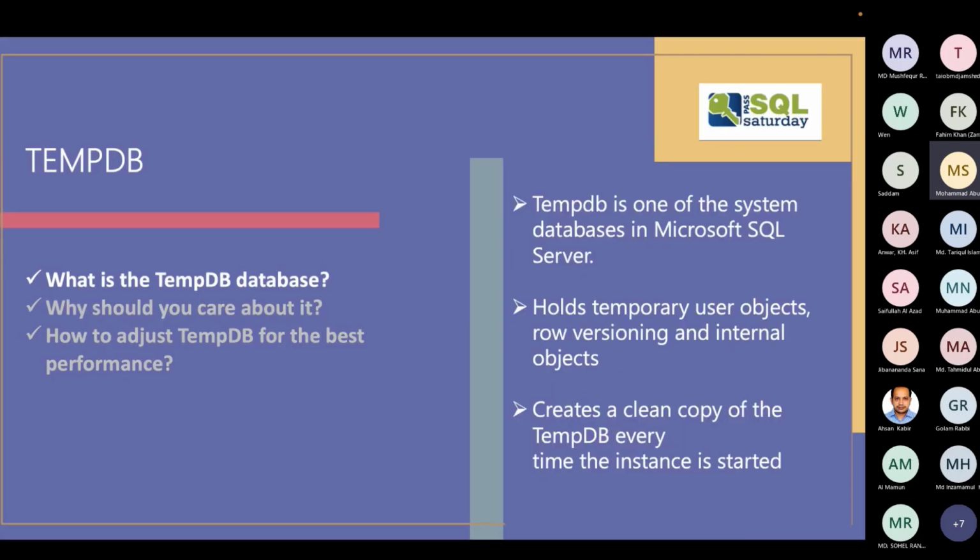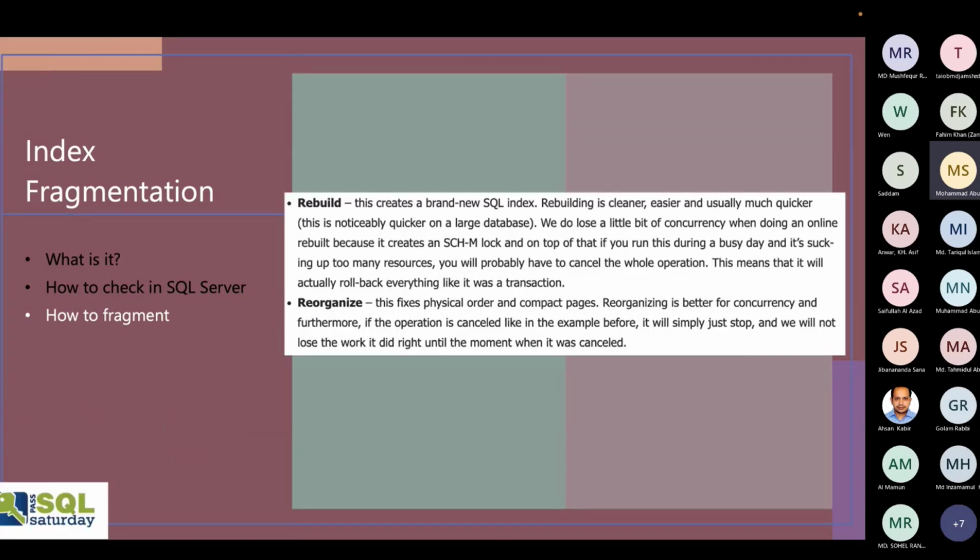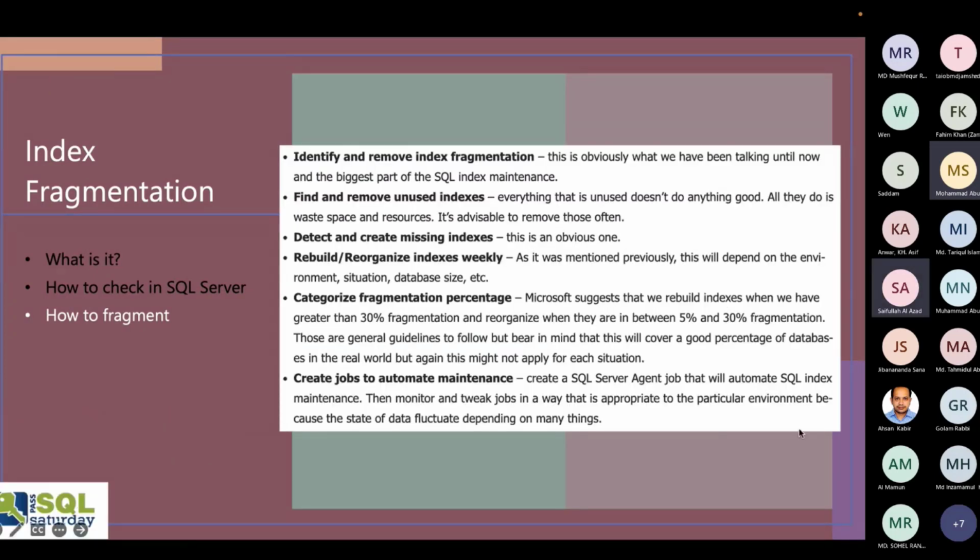When you set the index, we can set the fill factor, right? 70% or 80% or 90%. So what fill factor is good? There is the Microsoft suggestion as a general practice, but in a practical scenario, are there any findings for setting the fill factor, like 90 or 80 or 70, based on the scenario?